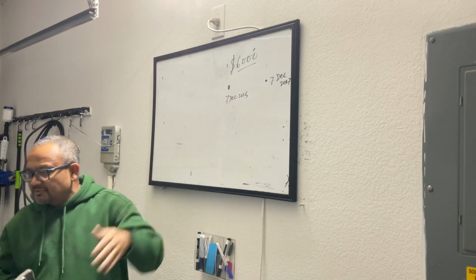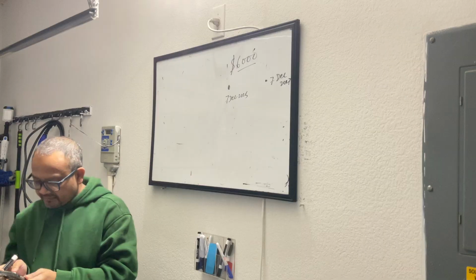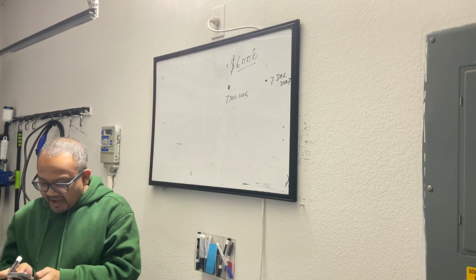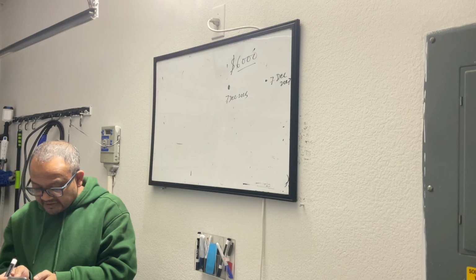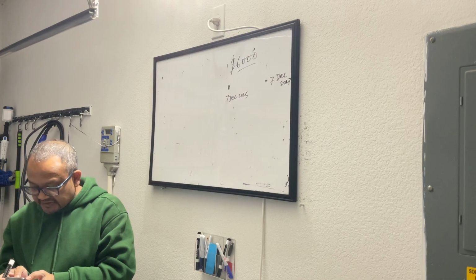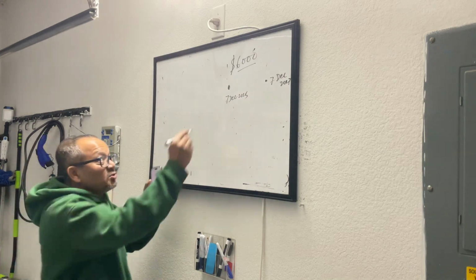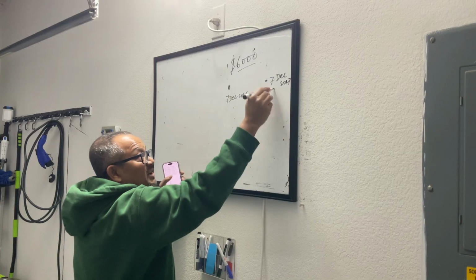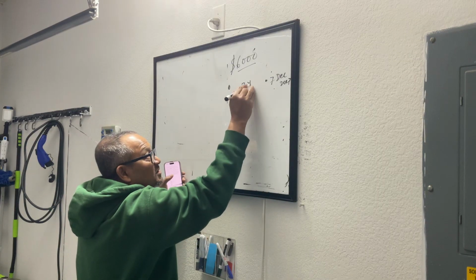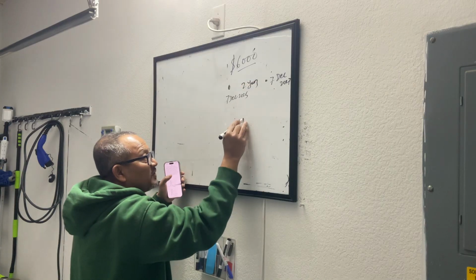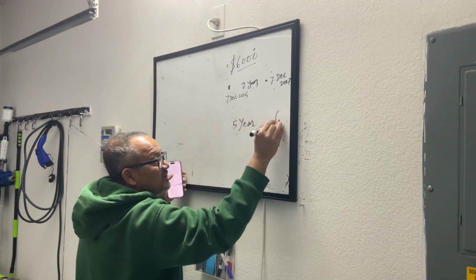And then something is happening. Let's not worry about that. The balance reaches a maximum 2 years after the purchase and 5 years after purchase it reaches 0. So after 2 years it reaches maximum, and after 5 years it reaches 0.